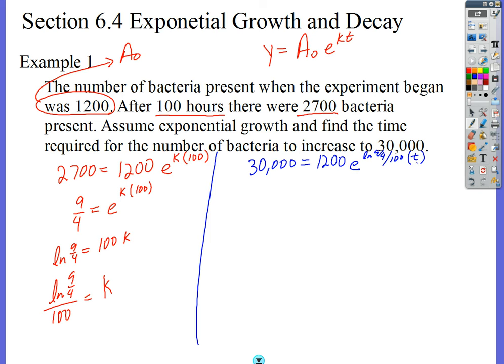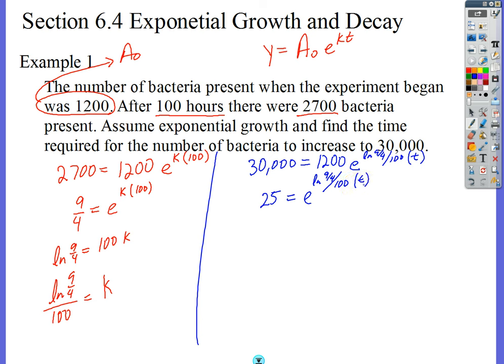So I go ahead and, again, divide both sides by 1,200. That's 300 over 12, over 2, which is 25, is equal to e to the ln of 9 over 4 divided by 100 times time.